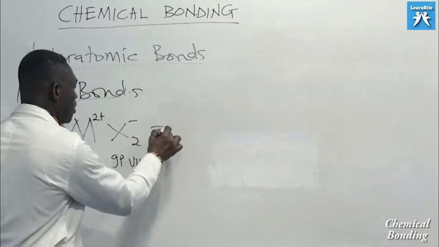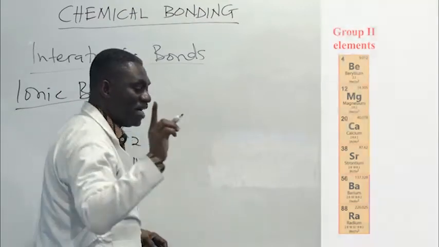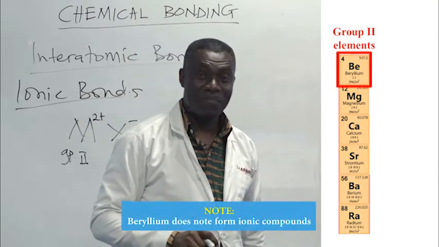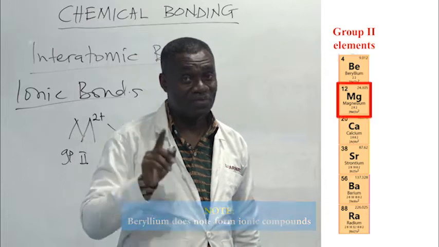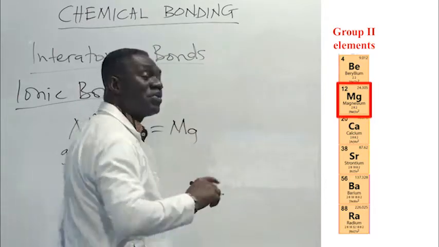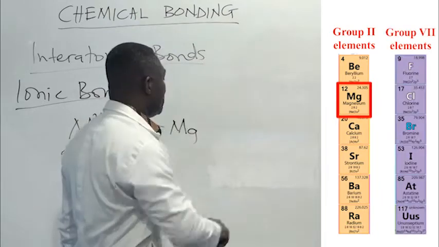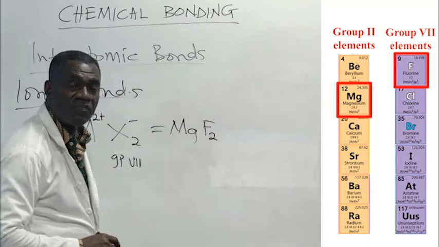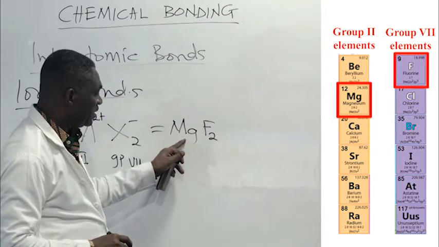So from this, I will not use beryllium because later I will explain beryllium doesn't form ionic compounds. So I'll skip beryllium and start with magnesium. So magnesium, if I start with the first element of group 7, which is fluorine, I need 2 of the fluorine atoms to accept this.